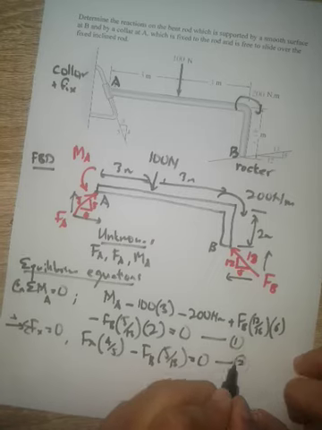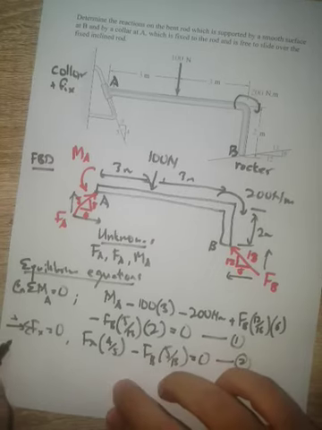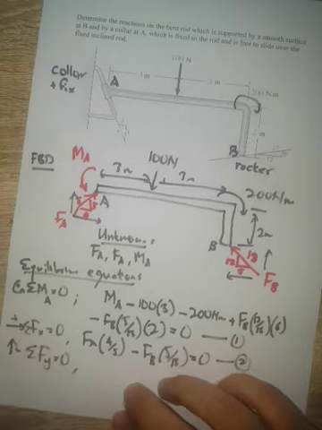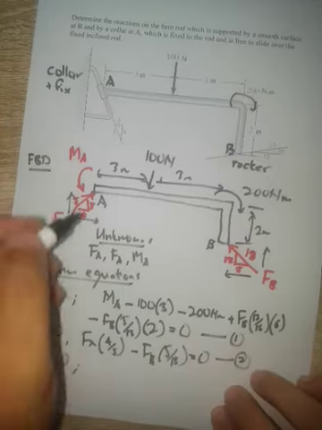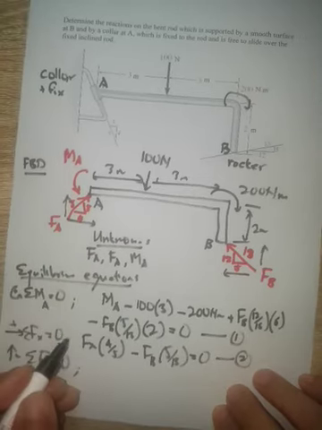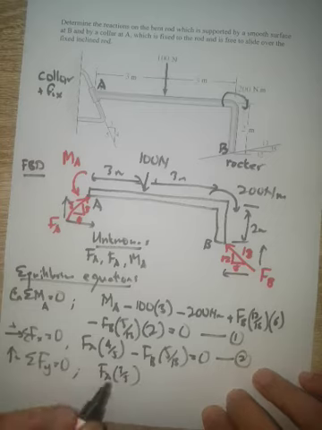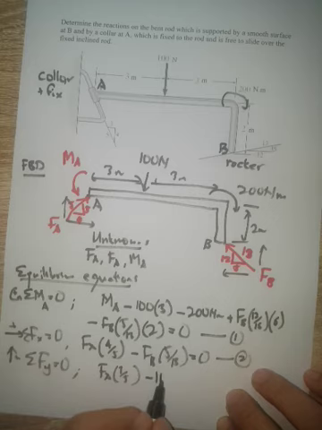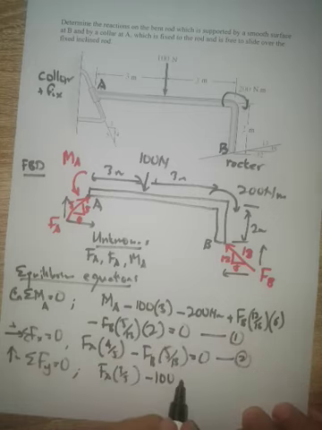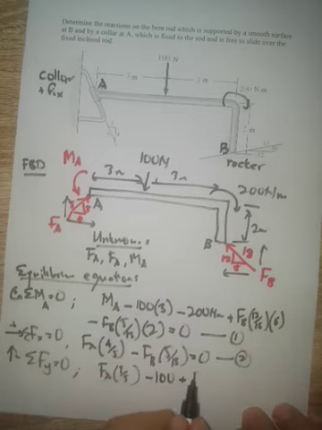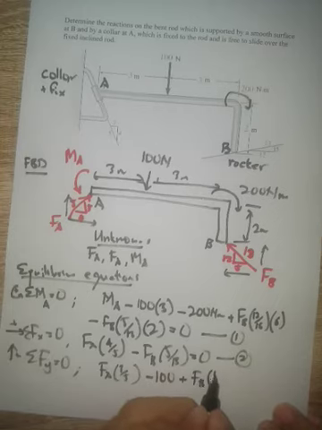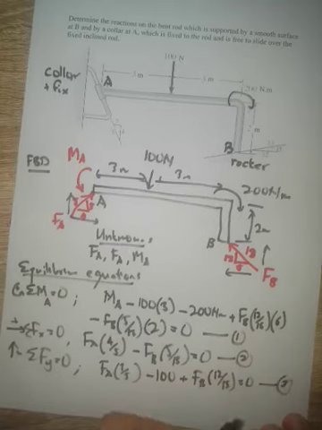This is the second equation. And then the third equation, the total of forces in Y direction equal to 0. First the Y component of A is FA 3/5, upward is positive, and then we have this 100 Newton, downward negative, and then the component of FB, also upward, FB 12/13, equal to 0. This is the third equation.